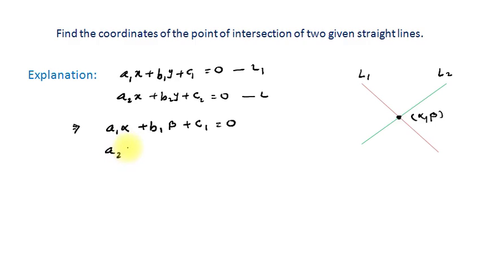So we can write a2 alpha plus b2 beta plus c2 is equal to 0. Once again, both lines are non-parallel. It means their slopes are not equal.